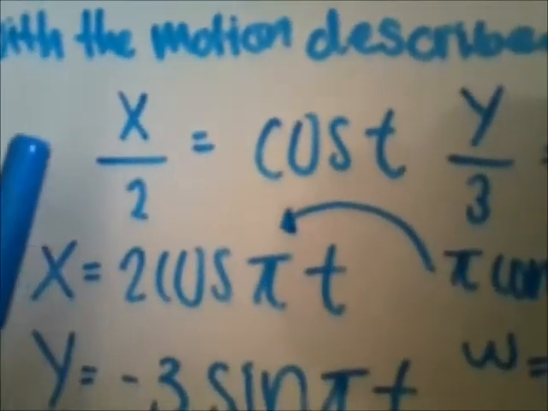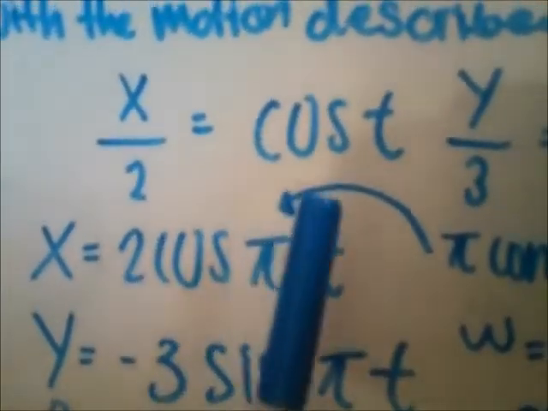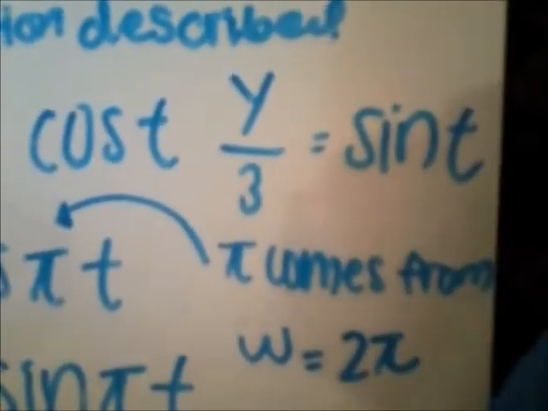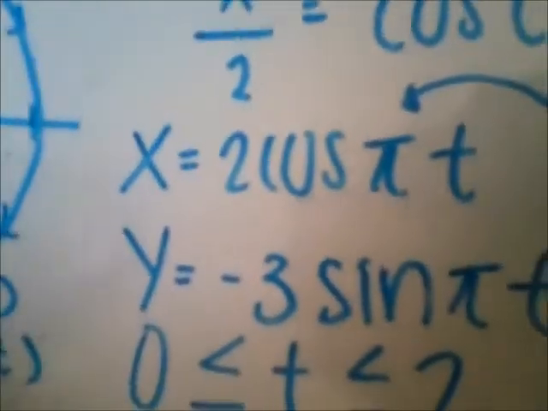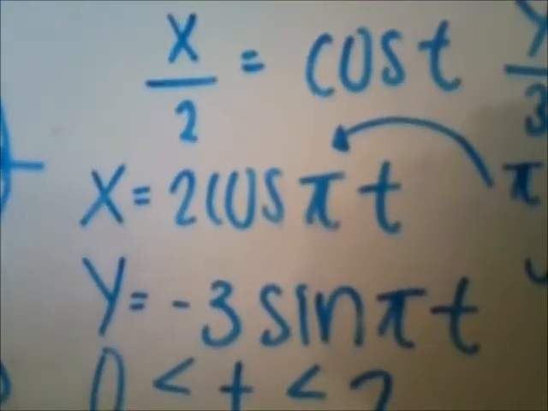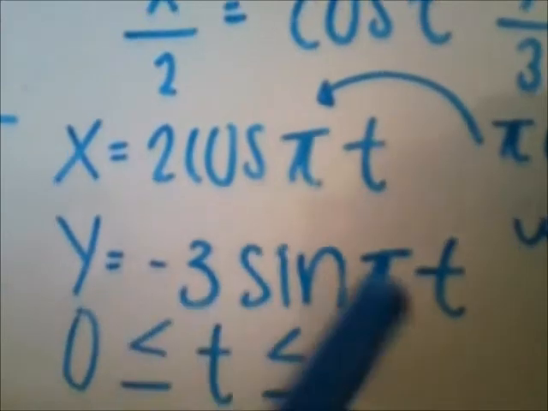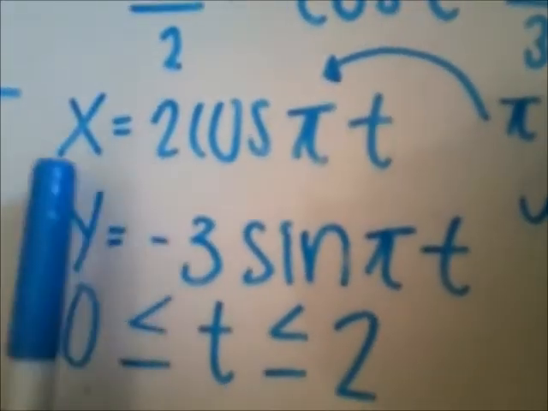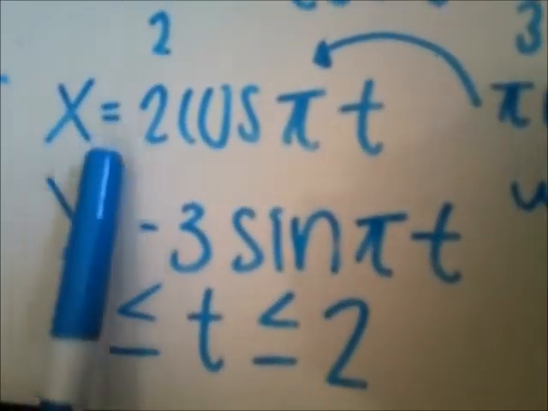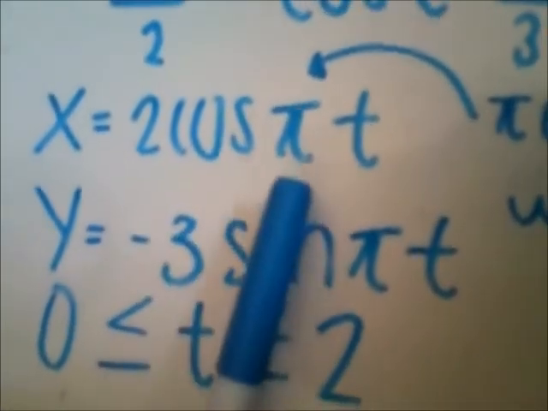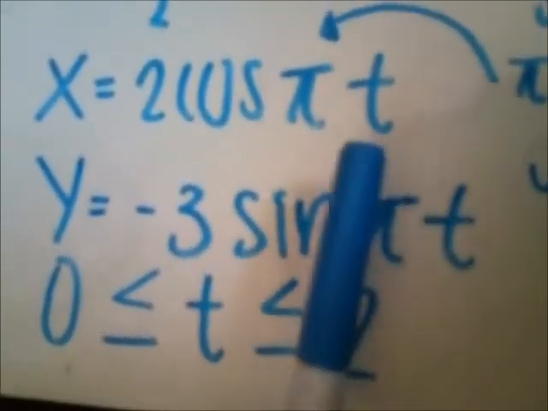We know that x over 2 equals cosine t and y over 3 equals sine t because the x-axis has 2 intervals and the y-axis has 3 intervals. When we convert it to this equation, it will equal x equals 2 cosine pi t.